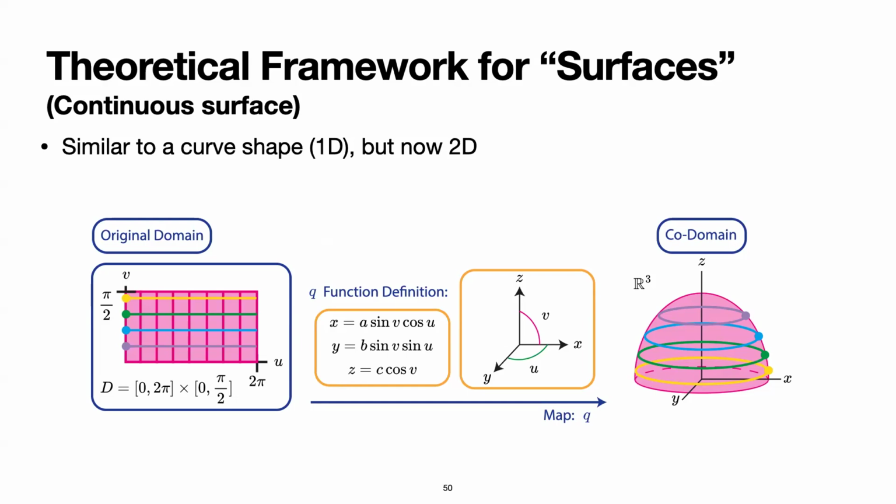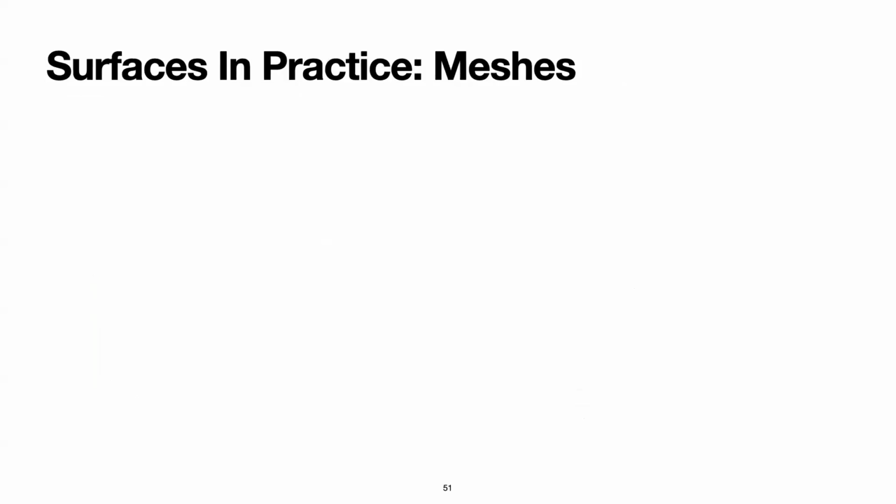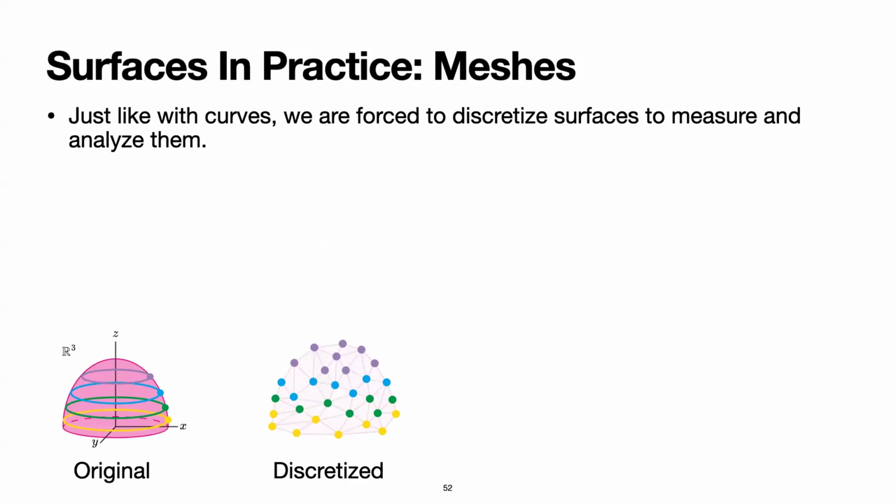But if I were to change Q, then it might be a different shape over here. Just like with curves, we're forced to discretize surfaces and measure and analyze them. So for curves, the discretized version was just a set of points. For surfaces, the discretized version is a mesh, which is a set of points along with faces that connect those points.